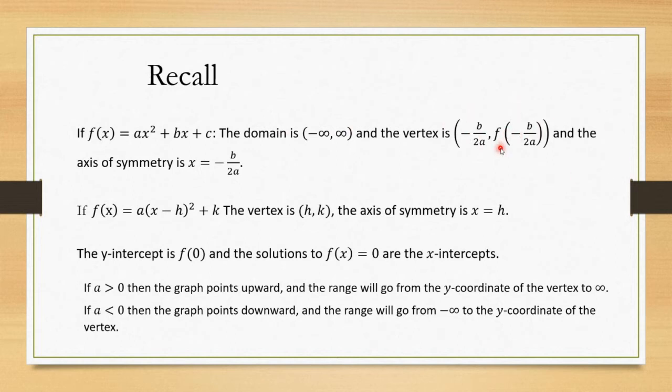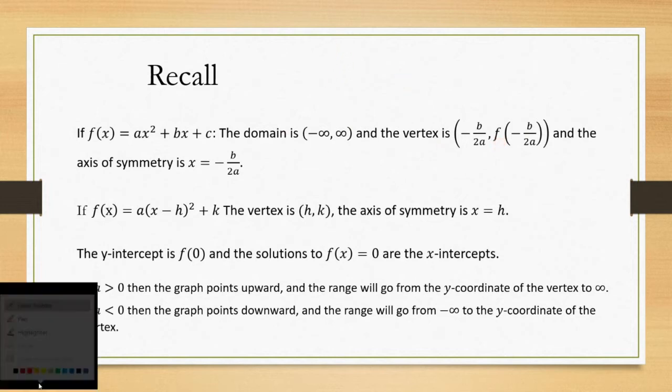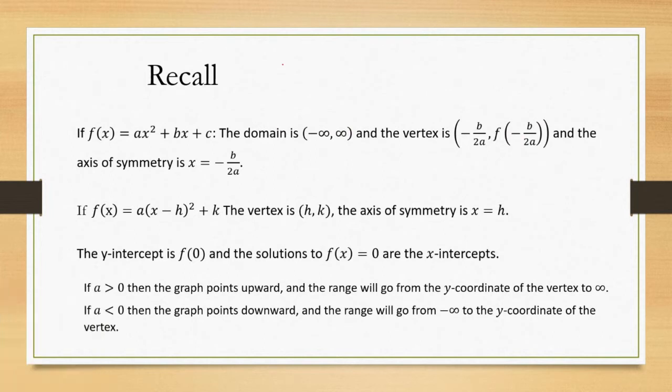Remember, the vertex is where the graph changes direction. You might have something like y equals x squared. Let me draw it with a little pen here. The graph of y equals x squared is going to do something like this.